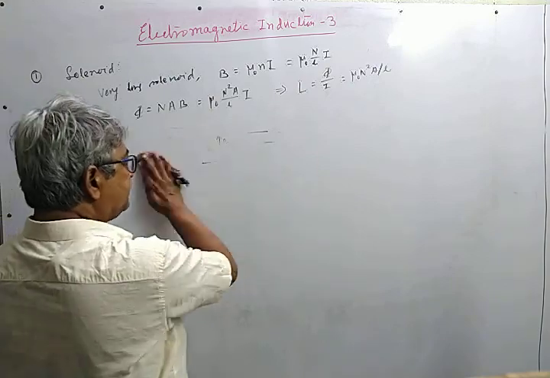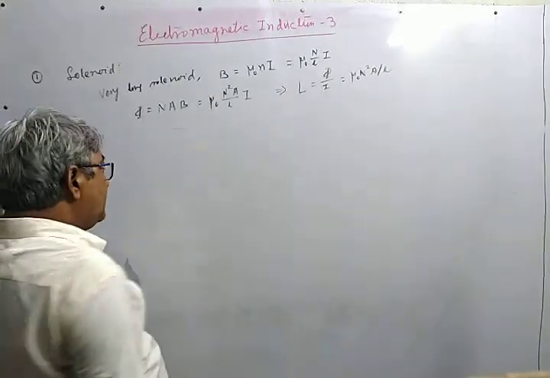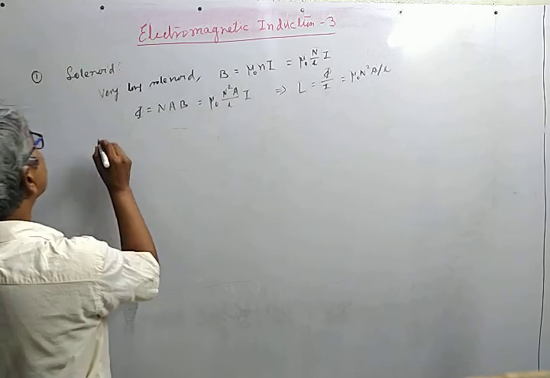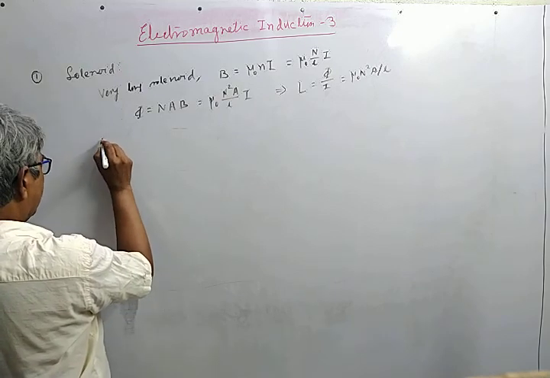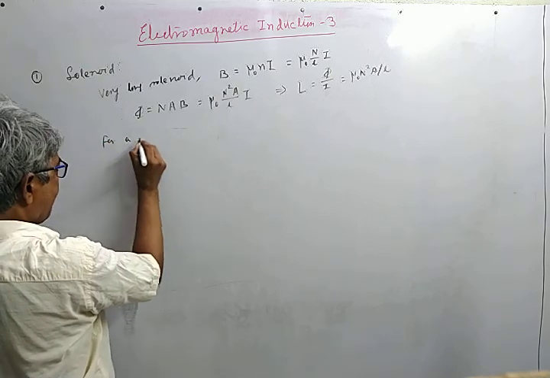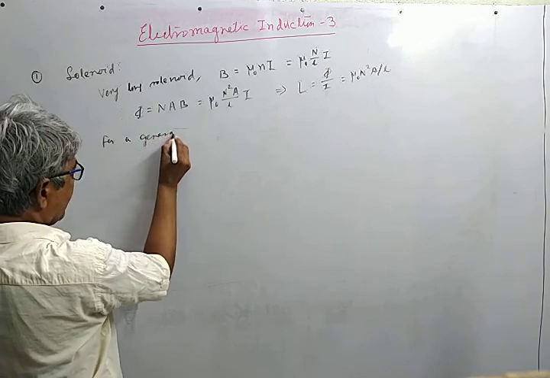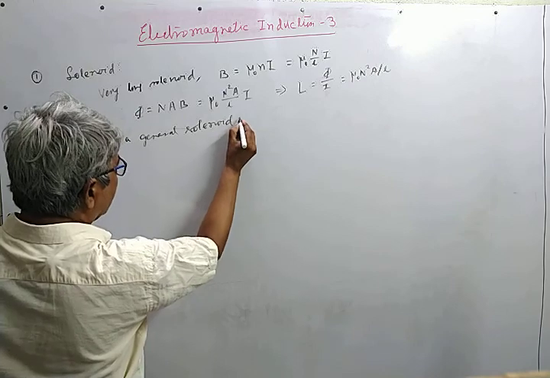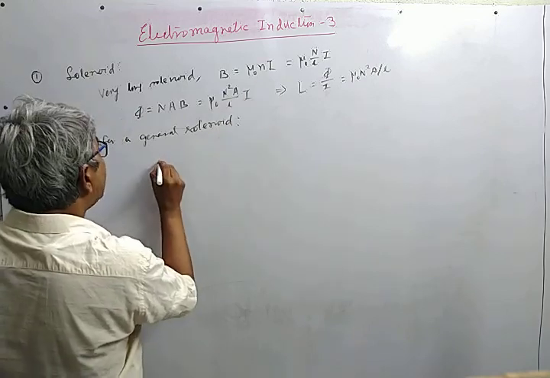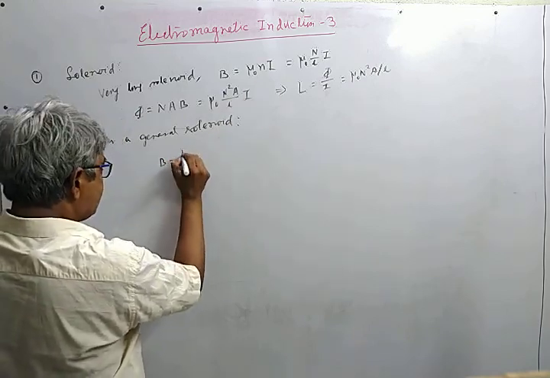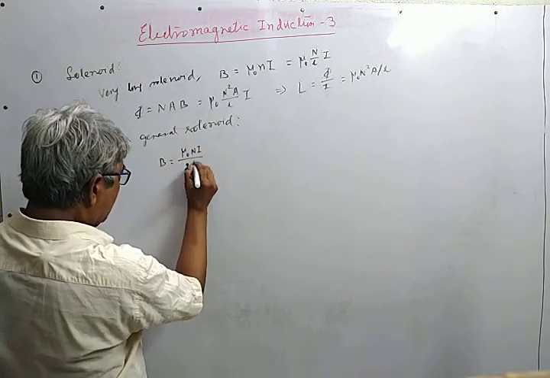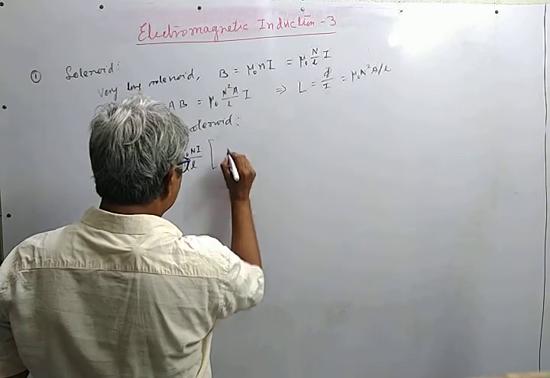Now, consider a general solenoid. Here the field is given by an expression whose terms I'm explaining.